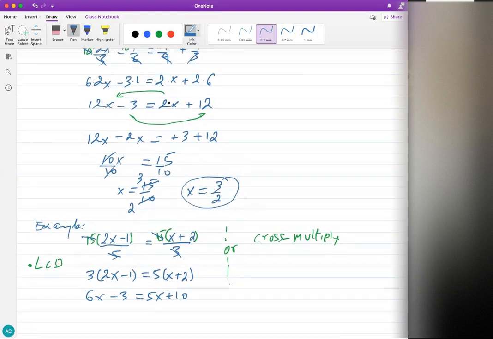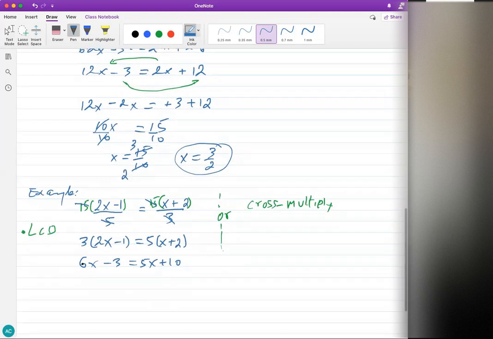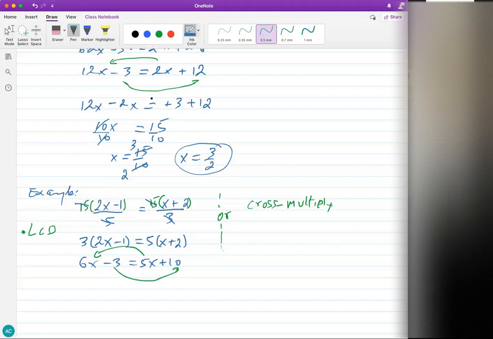As you can see, now we're at this stage here. We're going to do the exact same thing as here. So what exactly happens here now? You're gonna have to move over all like terms to one side. That's right, we're going to move the x to this side and -3 to the other side. Both at the same time, quick, so we don't have to do it in 2 steps.